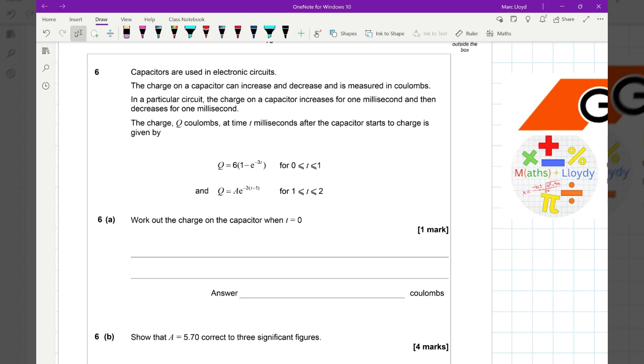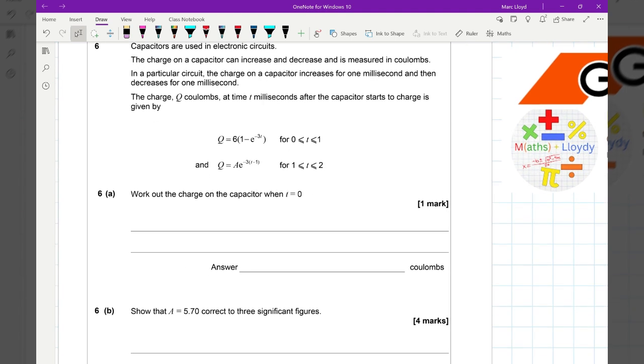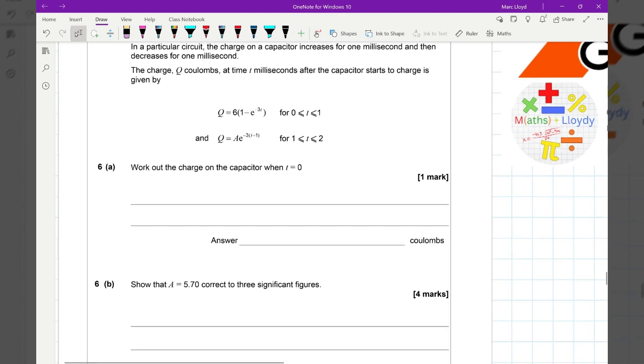In a particular circuit, the charge on a capacitor increases for 1 millisecond and then decreases for 1 millisecond. The charge Q coulombs at time t milliseconds after the capacitor starts to charge is given by this formula for between 0 and 1, and another formula between 1 and 2.